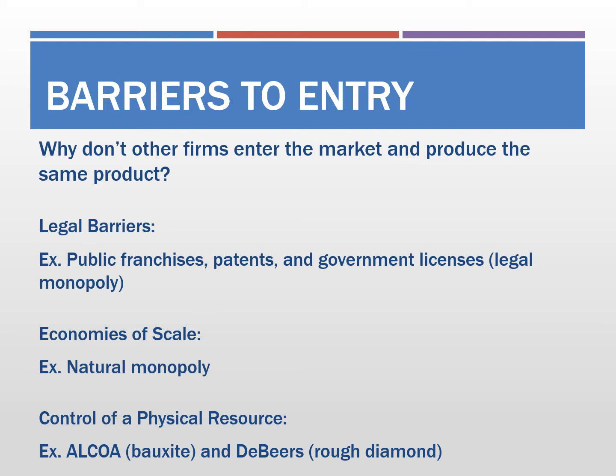Another very famous company is De Beers. De Beers is a diamond production firm whose diamond production mostly takes place in South Africa. De Beers figured out that if they wanted to drive competitors off the market, one way to do it was to dominate all the resources of diamonds.